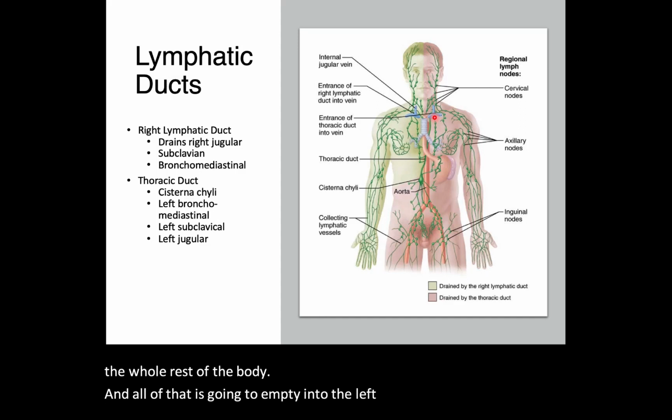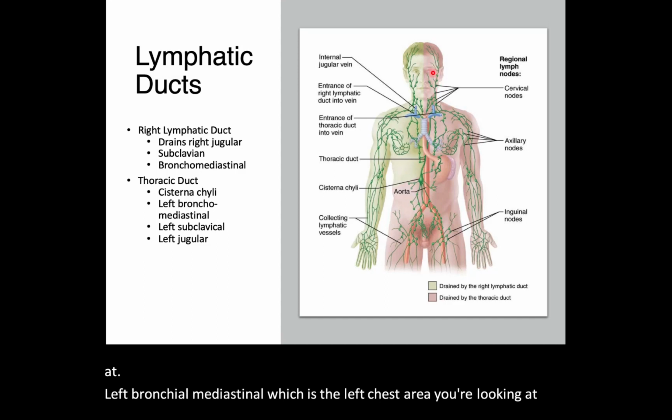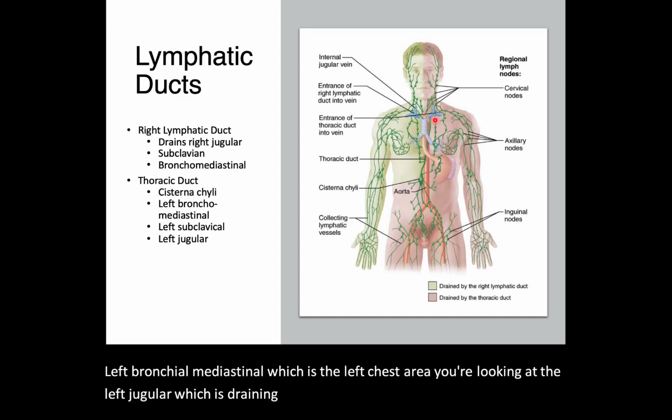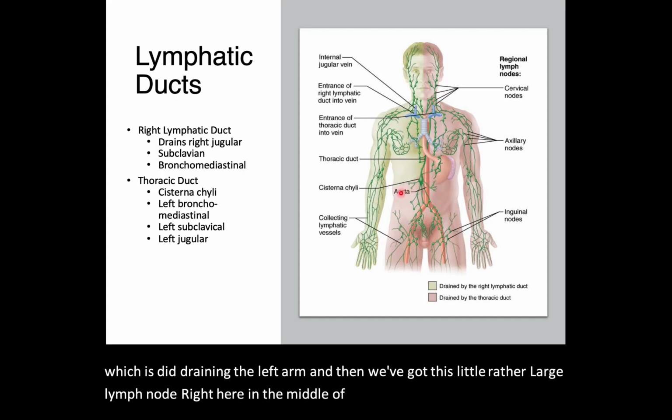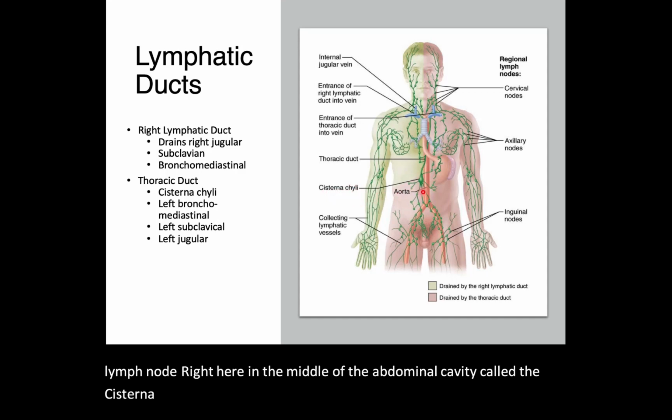So we're looking at the left bronchomediastinal, which is the left chest area. You're looking at the left jugular, which is draining the head, the left subclavian, which is draining the left arm. And then we've got this rather large lymph node right here in the middle of the abdominal cavity called the cisterna chyli.